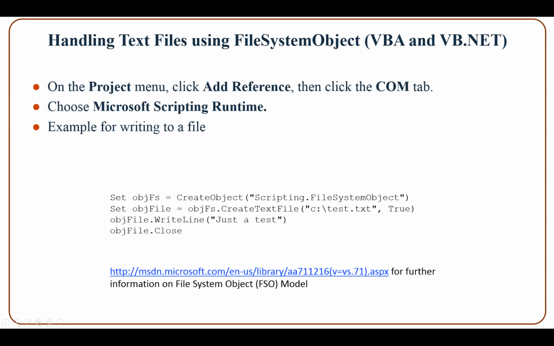Notice that in VBA you use the Set statement, but you don't use the Set statement in VB.NET. And also in VB.NET you can use the New keyword to create the object.